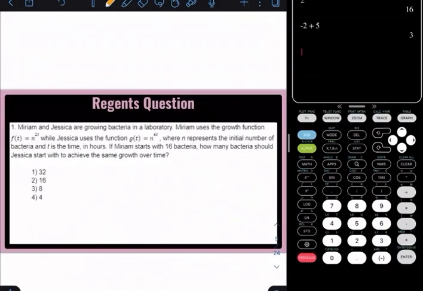It says, Miriam and Jessica are growing bacteria in a laboratory. Miriam uses the growth function f of t equals n times 2 to the t power. Then Jessica uses the function g of t equals n times 4 to the t power, where n is the initial number of bacteria and t is the time in hours.